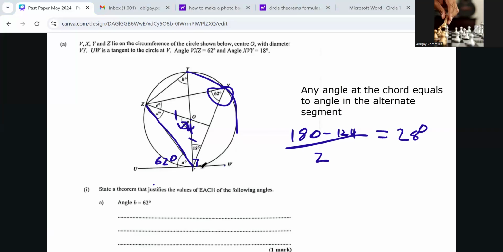So right here now is 90 degrees, right? And I subtract 18 degrees from 90 degrees, I get 72. Good. So that's not the answer yet for E. From right here to right here is 72.